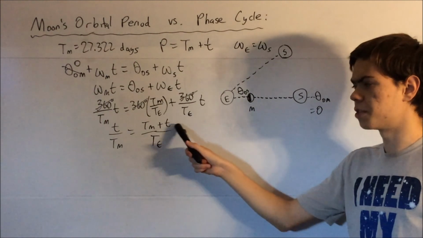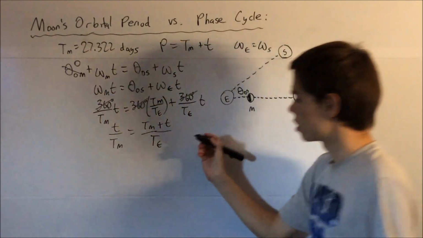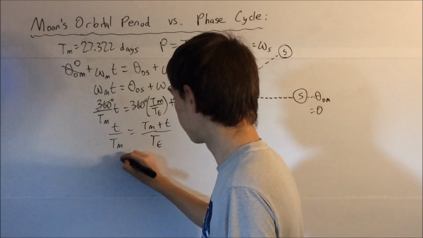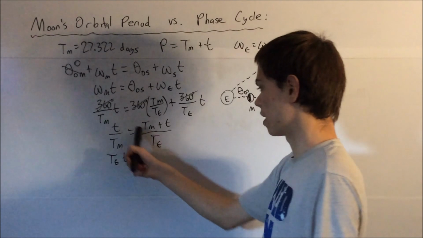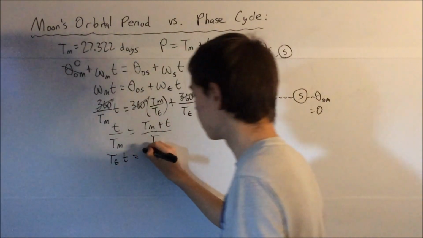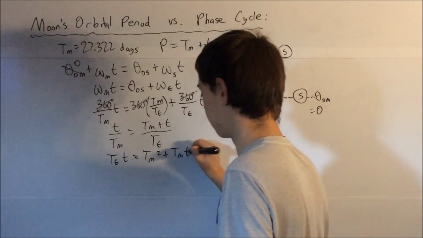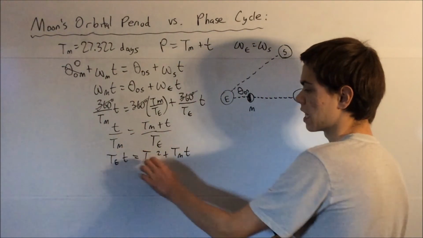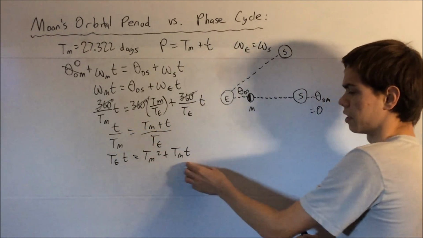All I have to do now is solve for t and then substitute it in here. If I cross multiply, Te times t is equal to Tm times (Tm plus t). So this is really Tm squared plus Tm t, because it's just Tm times parentheses Tm plus t. Distributing that, you get this.